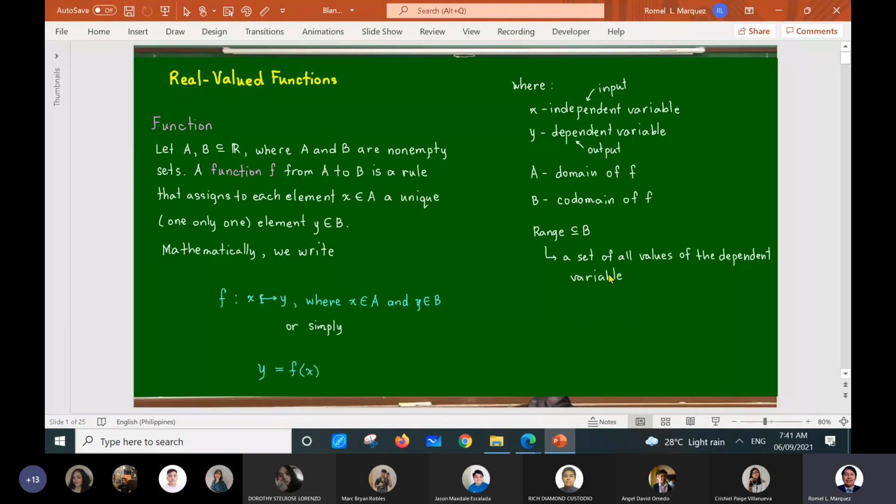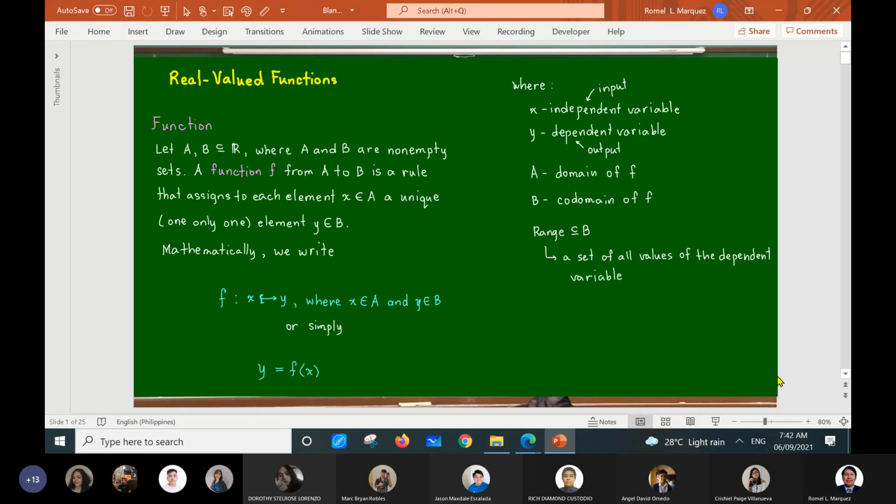So again, range is a set which is a subset of the codomain because not all elements of the codomain are picked by the elements of the domain. But every element of the domain must have a partner in the set B. And those elements in the codomain that are picked by the independent variable values will form what we call the range. Is that clear, guys?